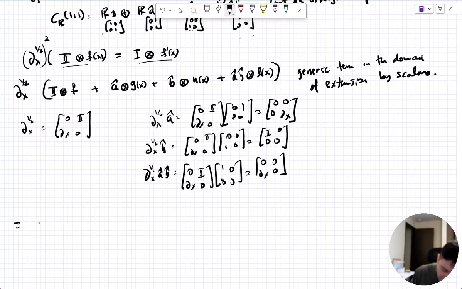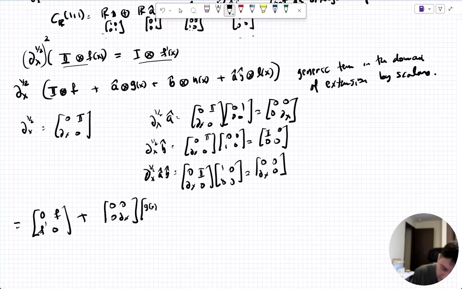So this is equal to 0 f prime 0, right? Plus, in this case, it's going to be equal to 0, 0, 0 d/dx acting on, in this case, the identity g of x, right?